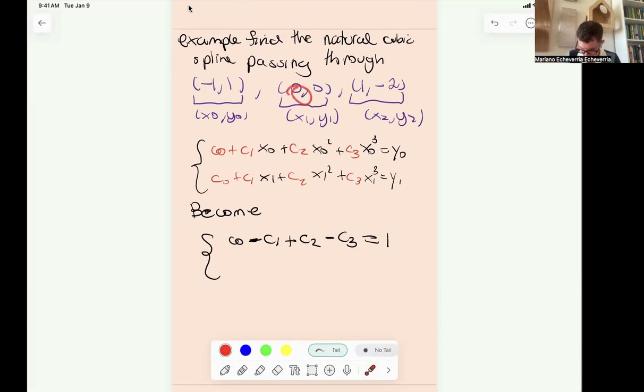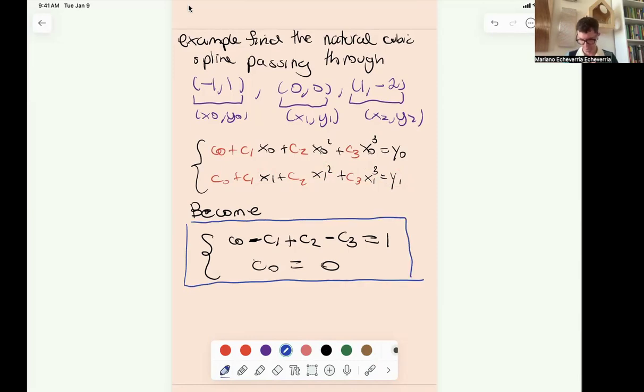The other one, because x1 is 0, it just gives you that c0 equals y1, and y1 is also 0. So that one wasn't that bad, right? Of course, I'll write down all the equations first, but let me put them in a box. Okay, so that's what you get from the first spline having to pass through -1, 1 and 0, 0.